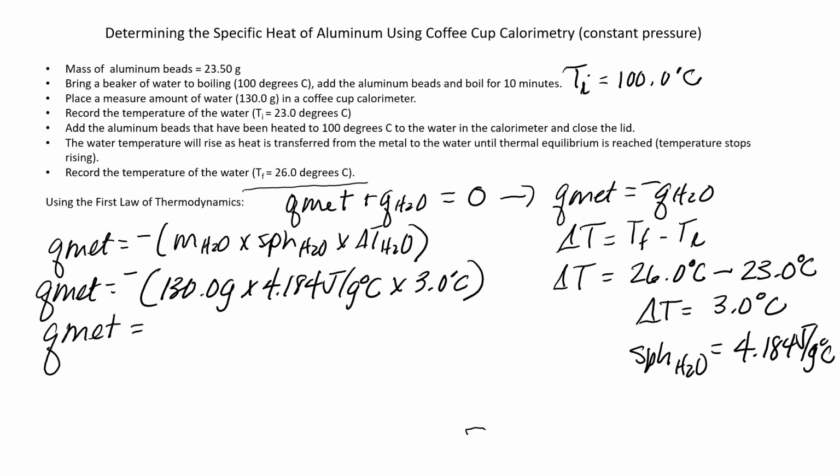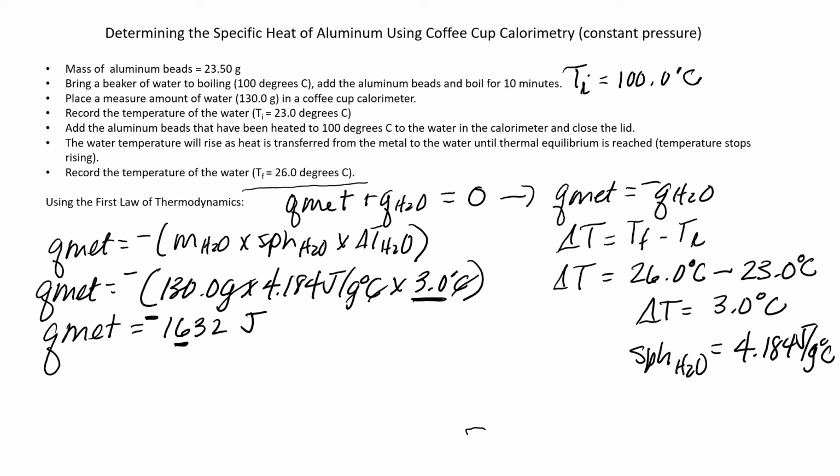Okay, so doing that math, this is 1,632 joules. Grams canceled, degrees Celsius canceled. We are limited to sig figs by our temperature, which has only one decimal place. And this is negative.